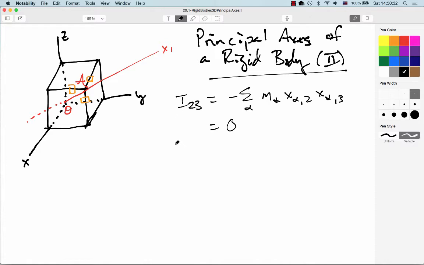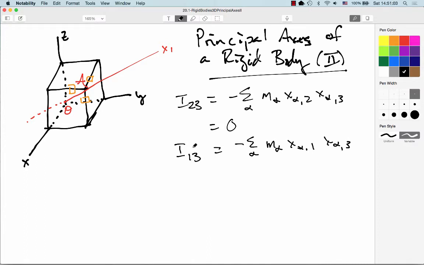Now let's go ahead and look at, say, the 1, 3 product of inertia. That would be equal to minus the sum over alpha m alpha x alpha 1 x alpha 3. Now here, the x alpha 1s are always positive. With the 2, 3 here, we took advantage of the fact that you had both positive and negative contributions, so you get some cancellation there.